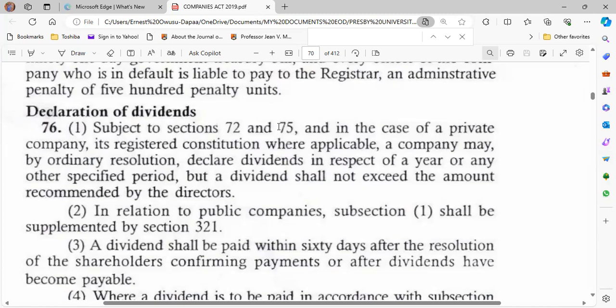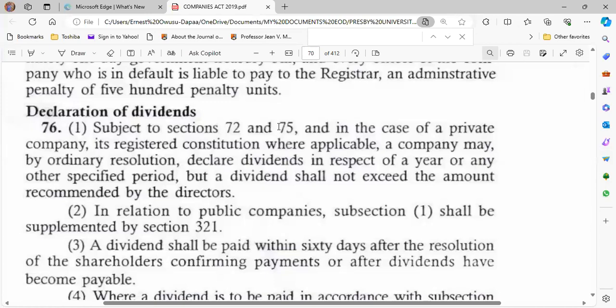They should exercise the power within the context of the recommendation made by whom? Directors. So from 0 to the maximum amount of money recommended by directors, they can decide to pitch the dividends within any of such range, but they can never go beyond the amount which the directors have recommended.